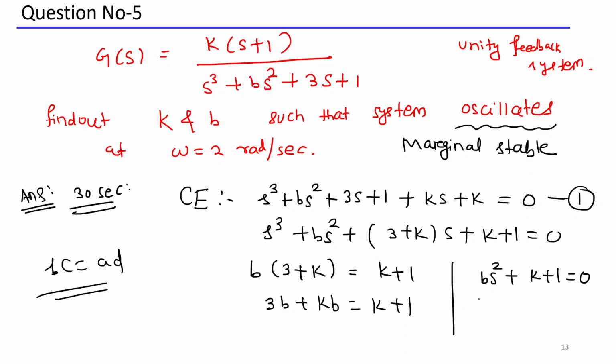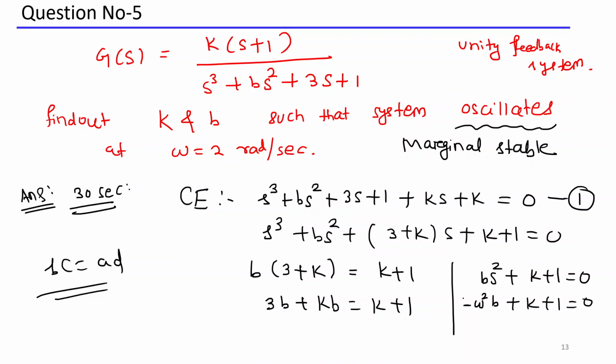From this equation you put s square equal to (j omega) square, which means minus omega square, right? j square equal to minus 1, so this will be minus omega square into b, plus k plus 1 equal to 0.